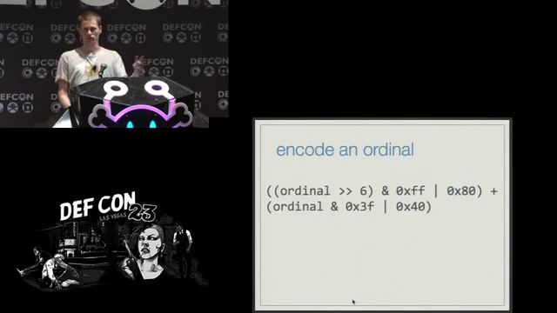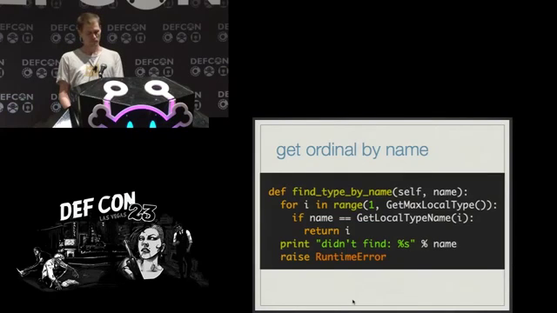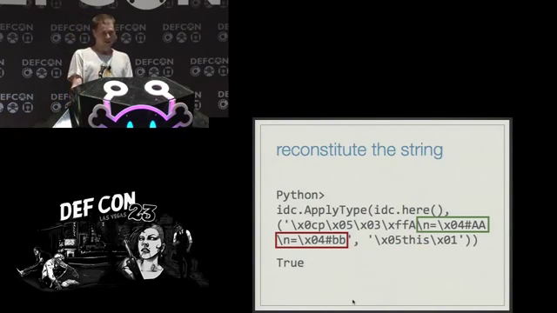So then you can do the reverse operation, and you can replace those ordinals in the string you have, and then apply_type, and now it works again.